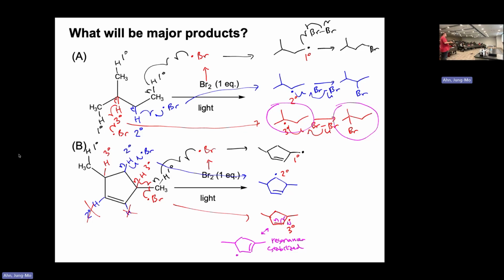So anyway, the radical is on this carbon. Initially we start from that, but one electron from the double bond comes in, so the double bond moves to there. That makes this carbon a radical. In fact, half radical there, half radical here. I mean, not exactly half, but close enough. We can probably discuss that later.